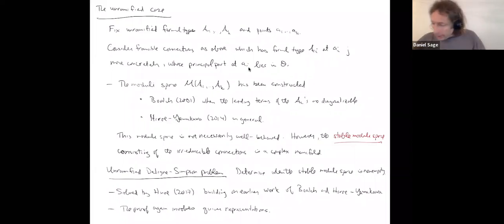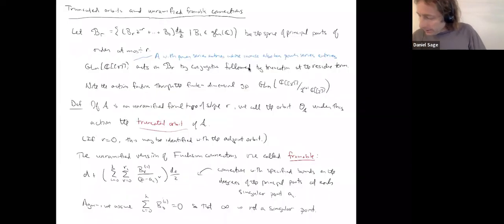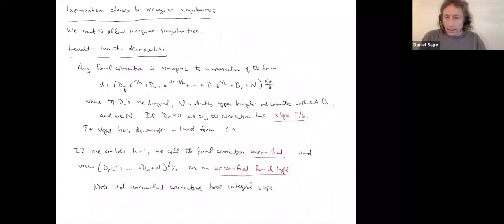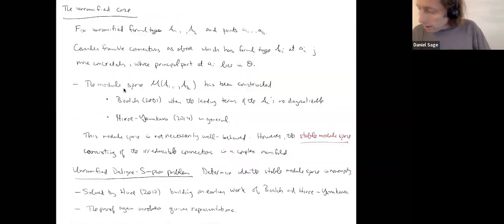So just to be clear, what I mean by that is d_r is diagonalizable. But that wasn't really necessary, and Hiroe and Yamakawa in 2014 constructed this moduli space in general. I should point out this moduli space is not great. It's not even Hausdorff in general.